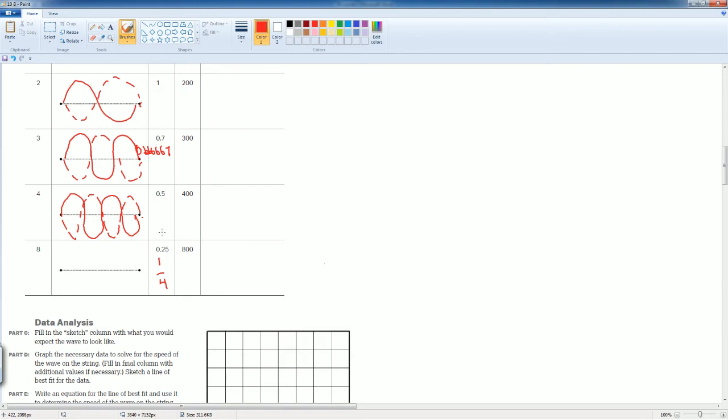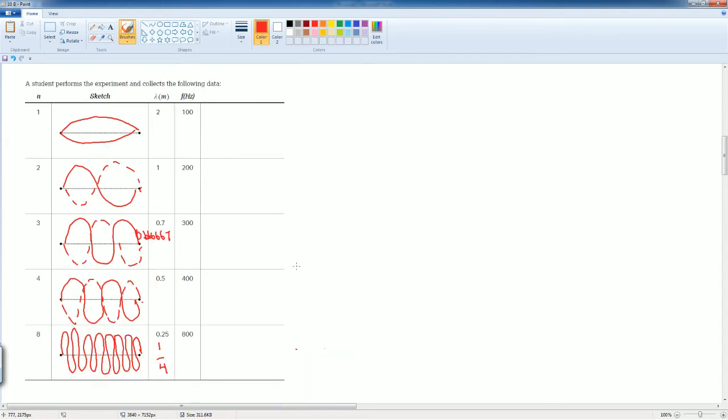So it's gonna have 1, 2, 3, 4, 5, 6, 7, 8 wavelengths. I try to get it as close as possible.